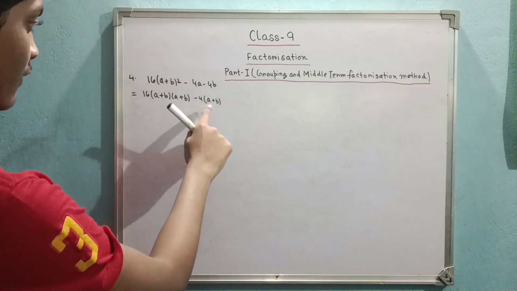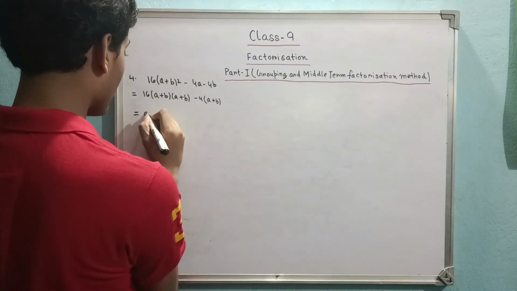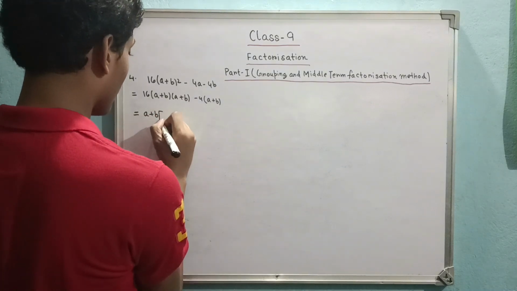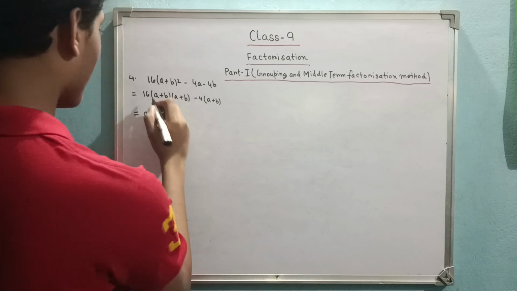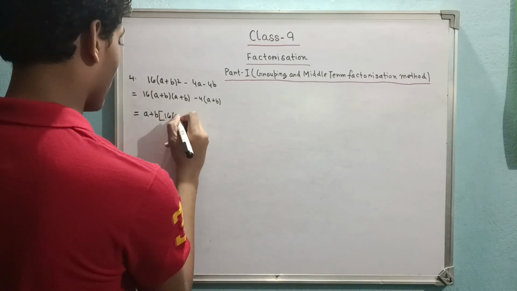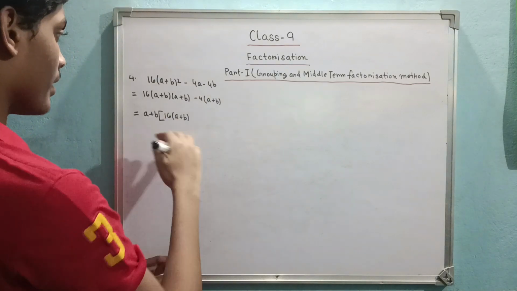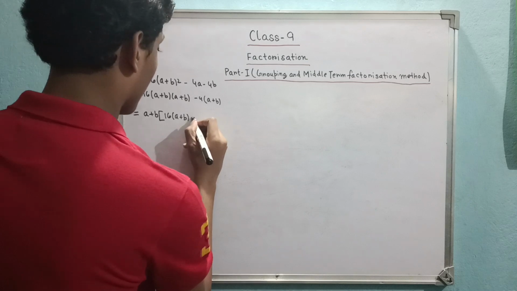Now we have a plus b common. So let us take one a plus b common. This will be equal to a plus b into, if I take a plus b common here, we are left with 16 into a plus b. And if I take a plus b common here, we are left with minus 4.